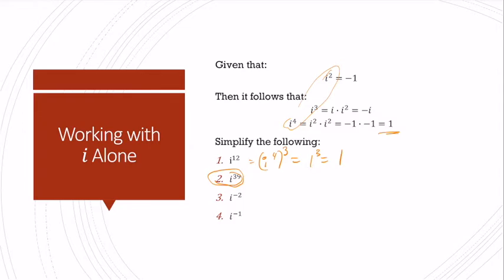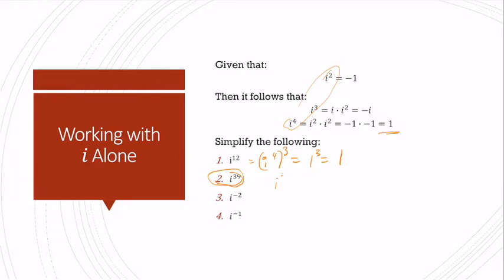If I have i to the 39th, let's think of some good ones. 36 is divisible by 4. 39 divided by 4 gives me 9, 36.